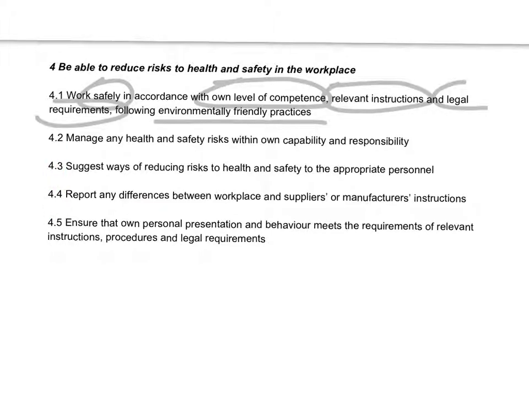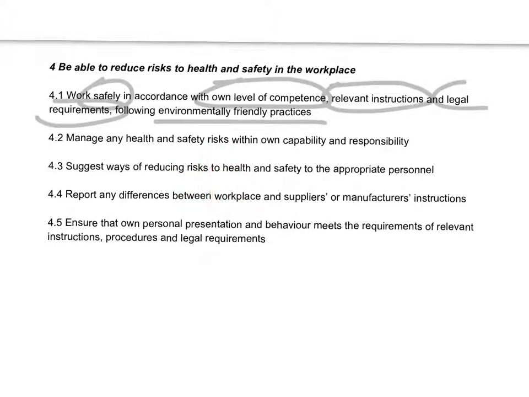For 4.3, suggest ways of reducing risks to health and safety, suggesting ways of doing so to the appropriate personnel. Have you spoken to your bosses, your line managers, about perhaps putting anything into practice?